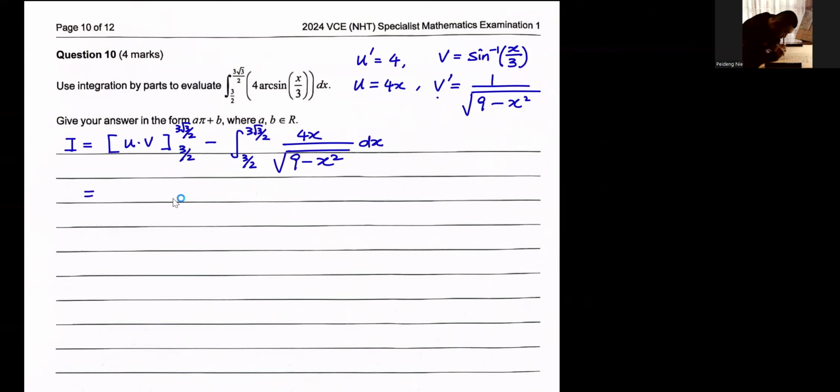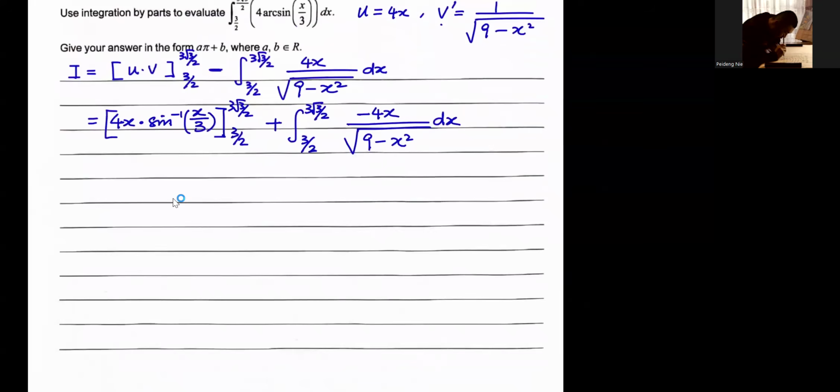Now, u times v, that is 4x times sine inverse of x over 3, evaluated between 3/2 and 3√3/2. Notice there is a negative sign from the integration by parts formula, but what I'm going to do is put a plus here and push the negative sign together with 4x. I have a reason behind that, or from my instinct, I know I need to do that.